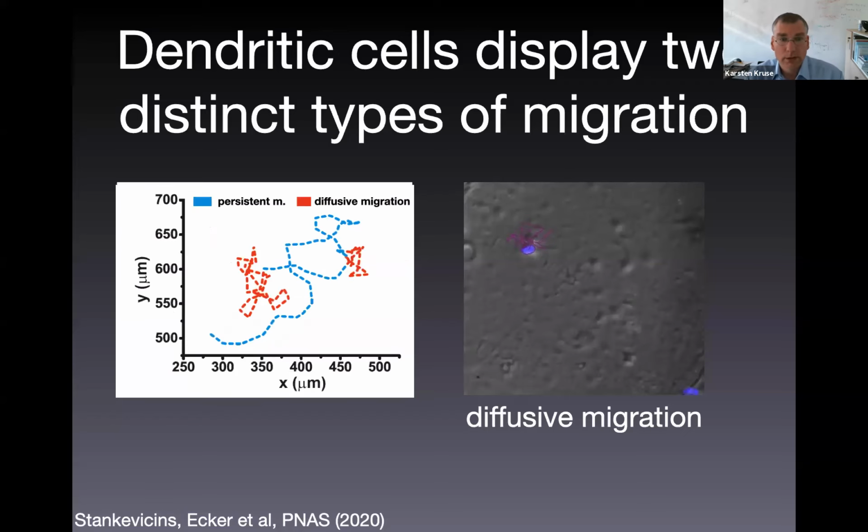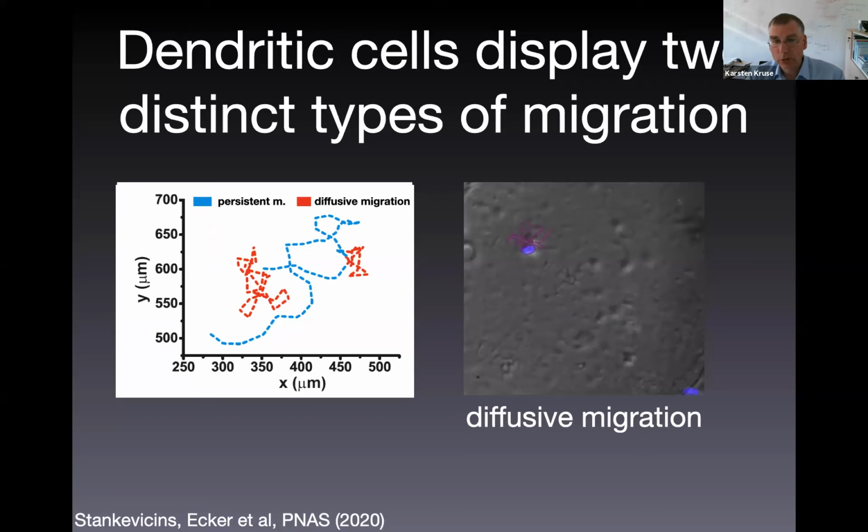So here is a longer trajectory where there are these 2 phases visible. So you see in blue the persistent motion, and in red the diffusive migration. How did we distinguish between them? So we developed an objective criterion, and to that what we did is we sampled the trajectory every 3 minutes and then looked at the changes in direction of the cell steps as they go on.